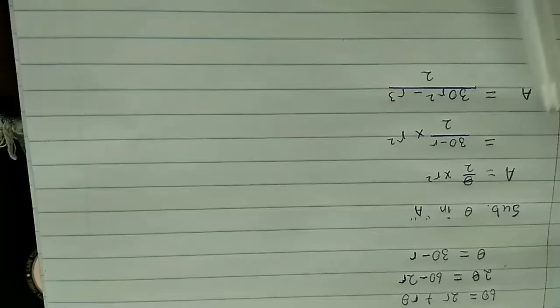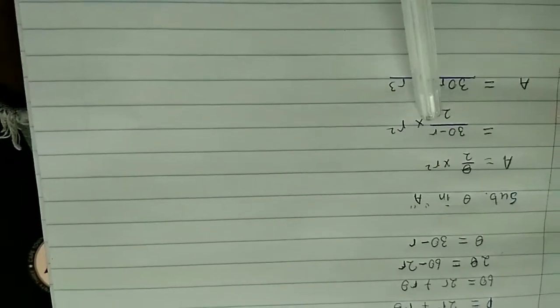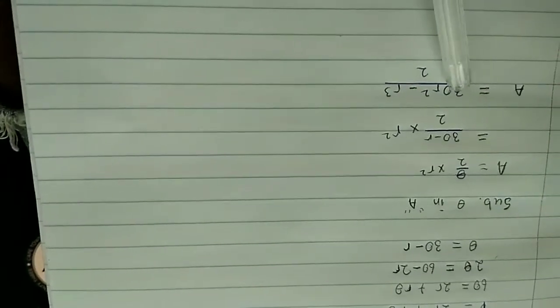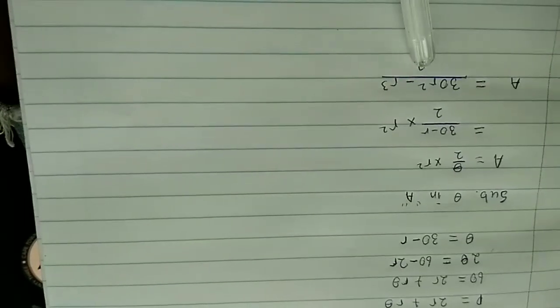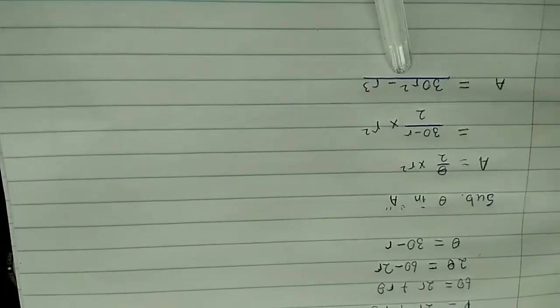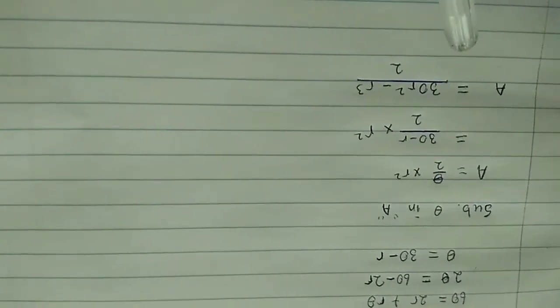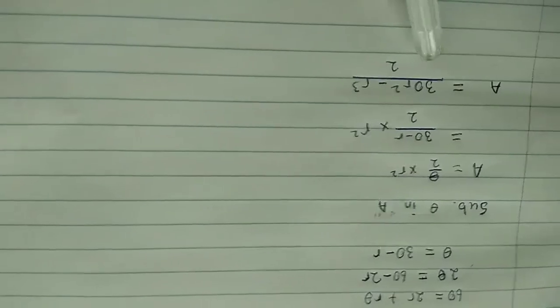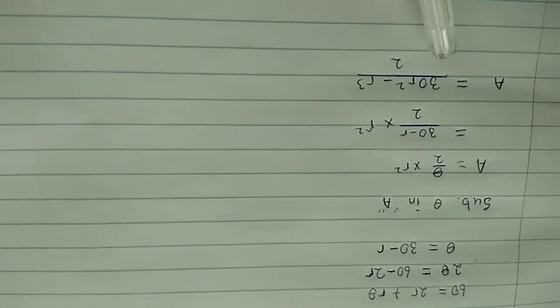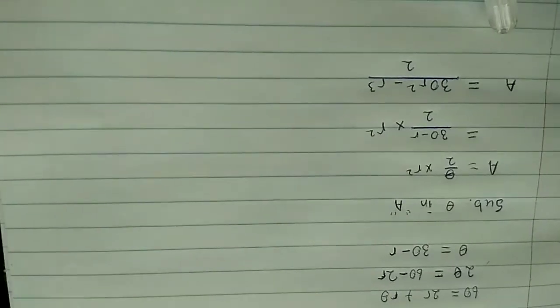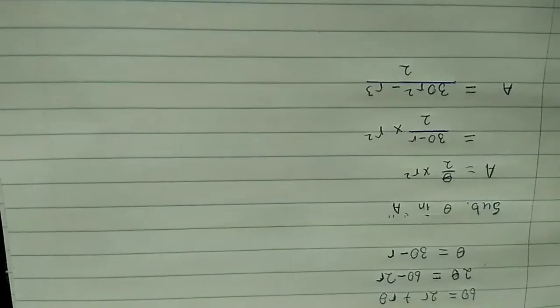So we get a new value for A, which is (30 minus r) all over 2 times r squared, which can be simplified to (30r squared minus r cubed) over 2. This is the new value of A. We're going to use calculus to optimize, deriving this A to get A prime, which we're going to use to find the optimization.